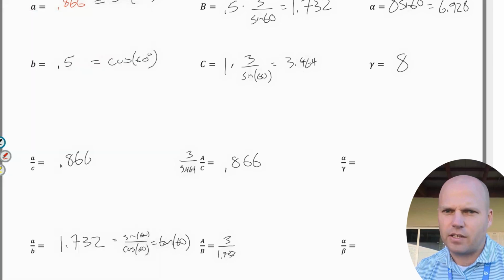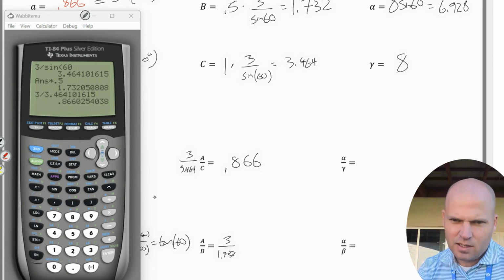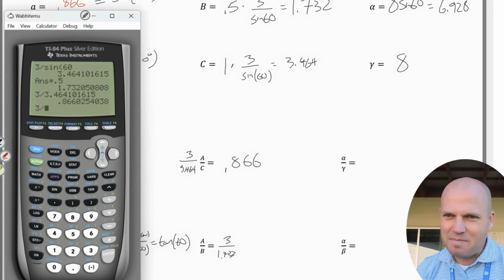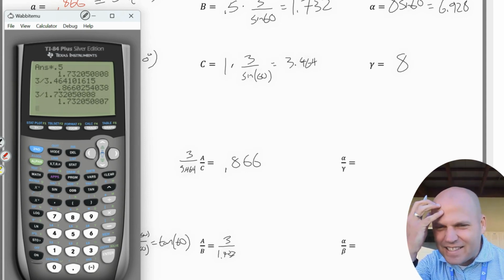Okay, cool. Oh, wow. 3 divided by this 1.732 number. Wow.